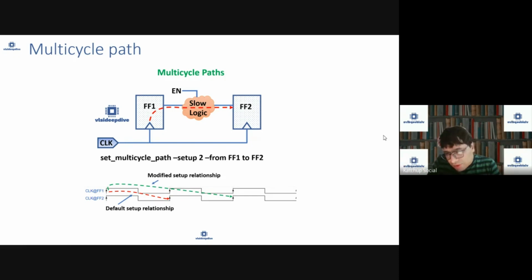If anyone has questions, please type it in the chat window, and I will try to answer that question when I'm done with the slides. So set multi-cycle path command can be used to specify more than one cycle for a particular path. For all these commands, set false path, set multi-cycle path, you can use the from, to, through options that we have just discussed in terms of path specification.